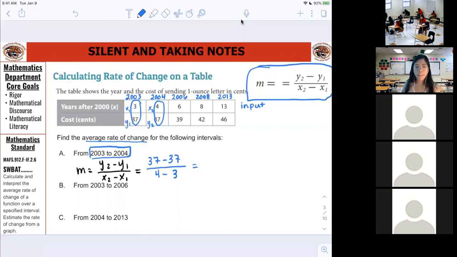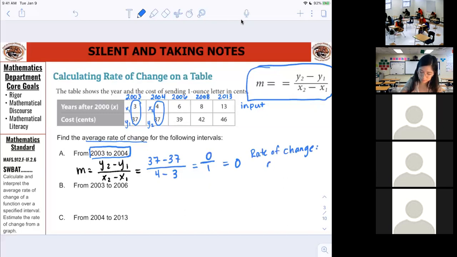Miss, are you supposed to solve it? Yeah, so now we're going to do the math. So 37 minus 37 is 0. 4 minus 3 is 1. And 0 divided by anything is 0. So my rate of change is 0.